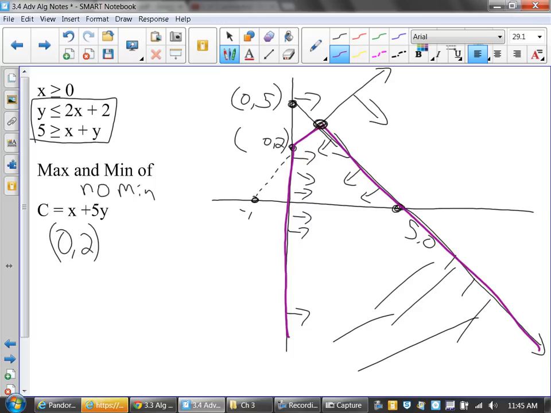Do you have one of the equations already set up as y equals? Use substitution. I'm going to use substitution in this real quick, and I'm going to get the following. 5 is x plus 2x plus 2. I'm just using substitution here.